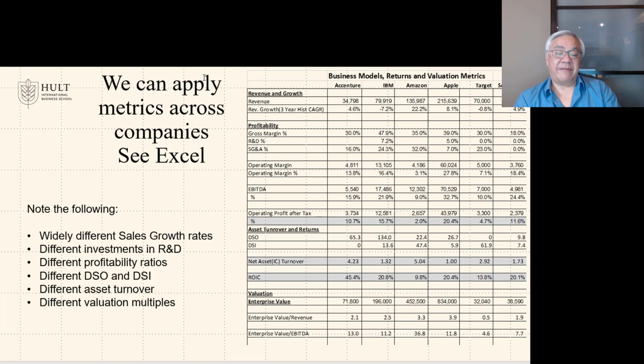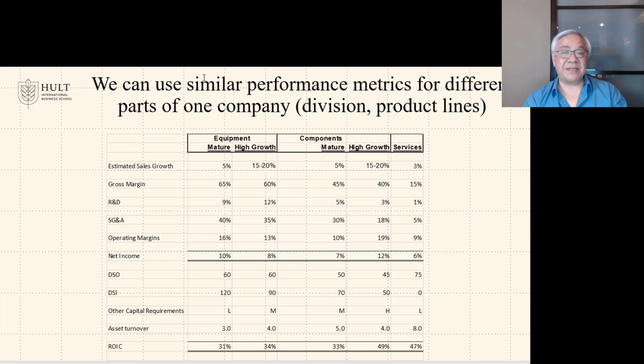This particular type of analysis uses the same kind of things that we did when we look at Roberts Manufacturing, but now we're doing it across different companies in an industry, or in this case, across different industries. Next, we use the same type of lens to evaluate inside of our company, but at a product line or a division level.